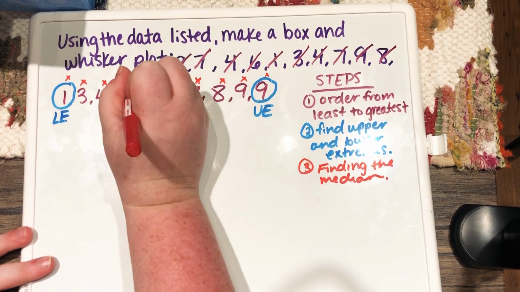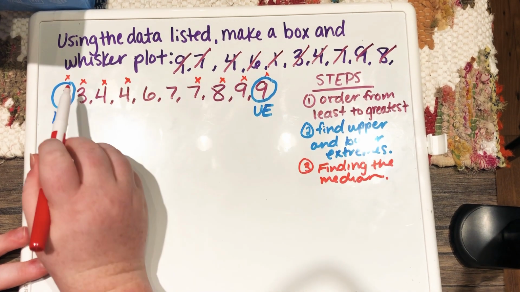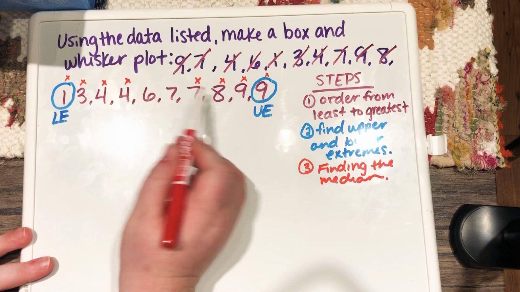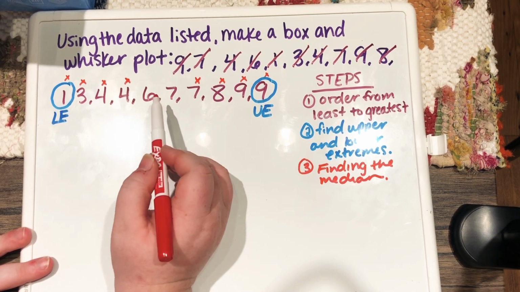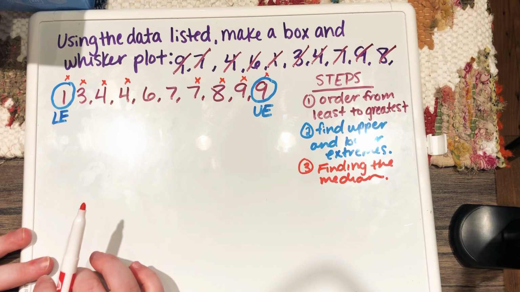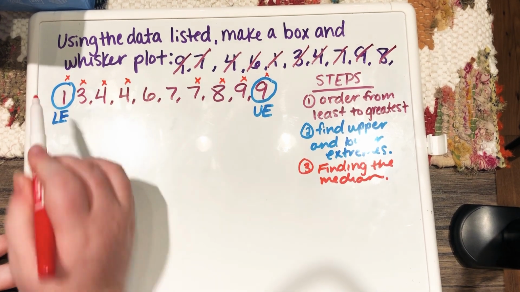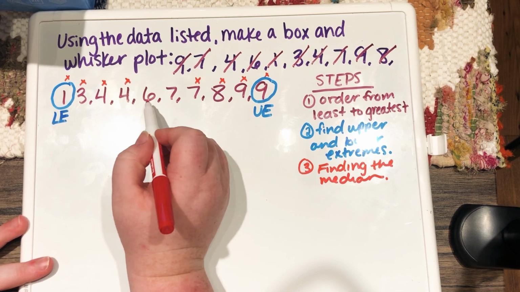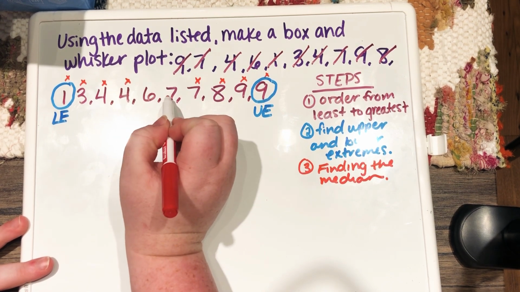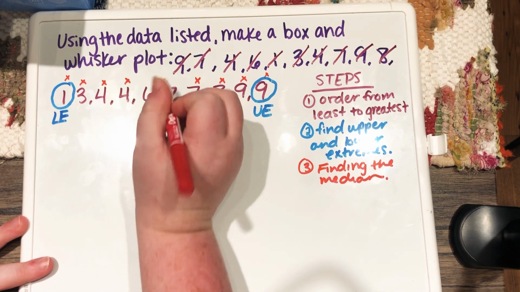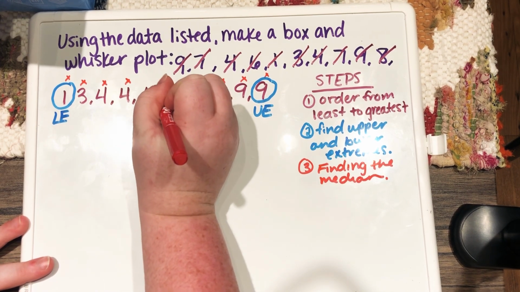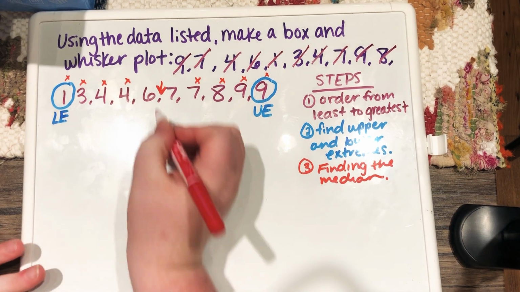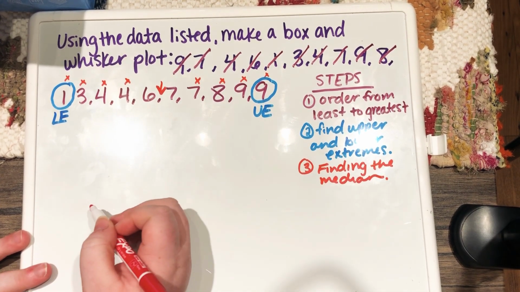But remember, this only works if you have an even number of X's on both sides. Once I have an even number of X's on both sides, if I'm left with one number in the middle, then that would be my median. But if I have an even number of X's on both sides and I'm left with 2 numbers, that means I have to find the median of these 2 numbers, which means I have to find the average. I have to find what goes right here. In order to do that, you need to add both of these numbers up and divide by 2.